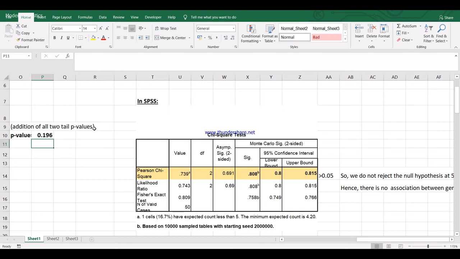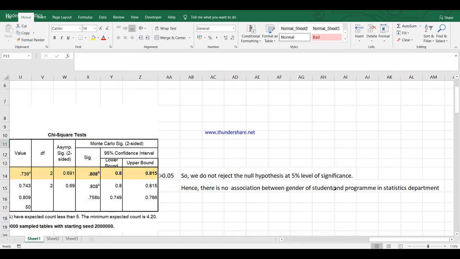Because SPSS is able to sample 10,000 samples from the original data. Anyways, my p-value turned out to be greater than 0.05, so we do not reject the null hypothesis at 5% level of significance, and hence there is no association between the gender of the student and programs in the statistics department.